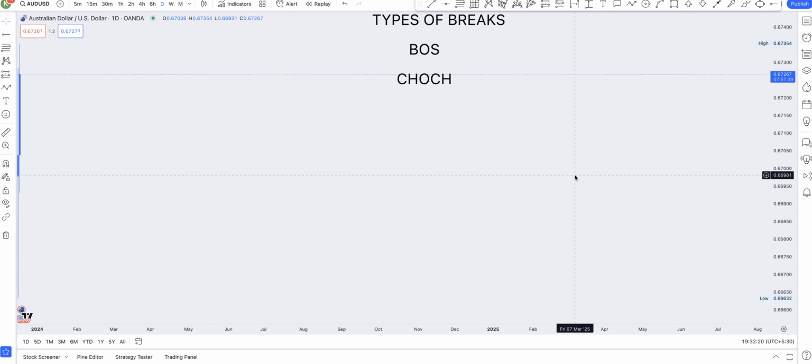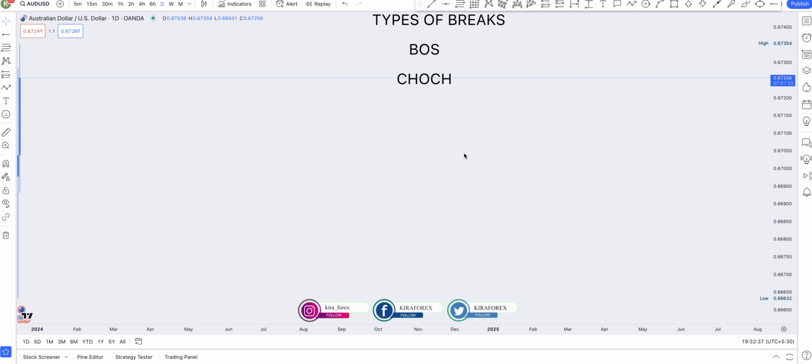So like I said earlier, we have types of breaks. So in market structure, we have types of market structure, which I already mentioned. So uptrend, downtrend, consolidation. Okay, now when it comes to the breaks, we also have types of breaks, and one of them is the break of structure and another one is the choke.